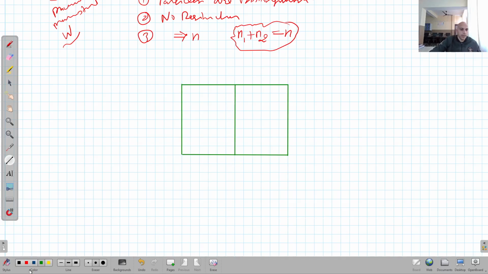Like these are two compartments, identical compartments of the same size. This is compartment 1. This is compartment 2. So we are going to distribute n particles in these two compartments.